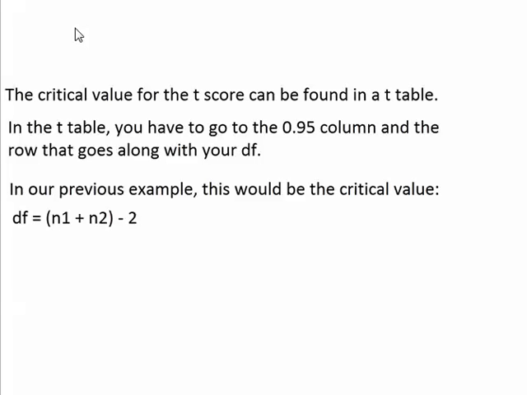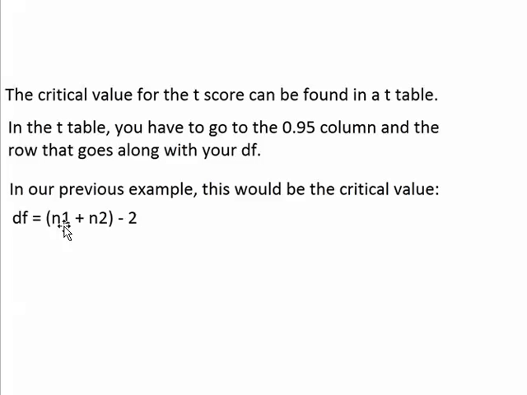Remember that when you calculate the t-score, you have to calculate both standard deviations, of sample 1 and sample 2. The standard deviation of sample 1 has its df of n-1. The standard deviation of sample 2 has its df of n-1. You have to add those two df's together.